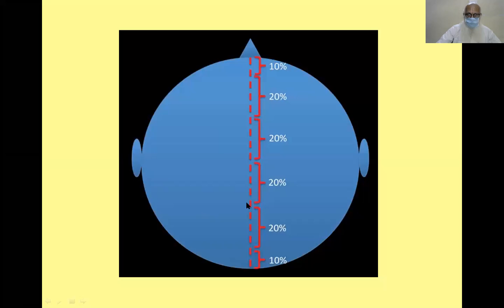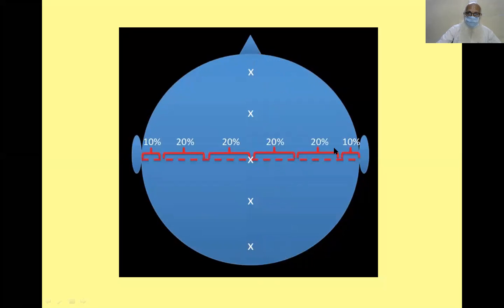If you see the sagittal plane, the midline, in the periphery you mark 10% on either end, and in between you have 20% bits, 4 of them. 4 times 20 is 80%, this is 90%, and now 100% is complete from here to here. So you have a location that can be identified by dividing like this.